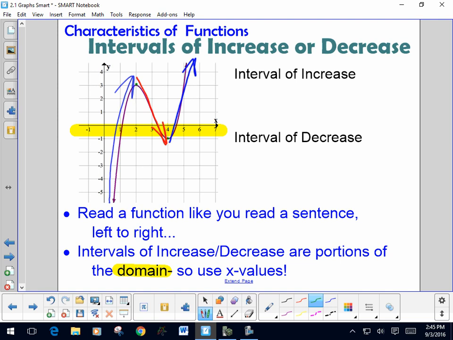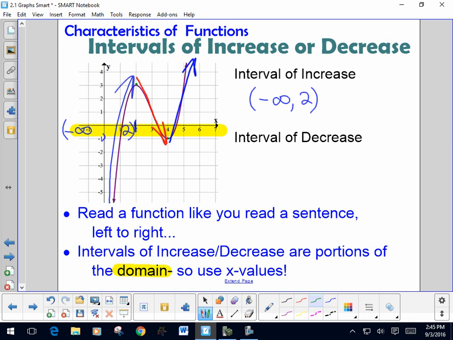So for this function, the intervals of increase and decrease are always just portions of the domain. So we use x values to report those. Its interval of increase would be from negative infinity, and it keeps increasing until it hits an x value of 2. So the first interval of increase is from negative infinity to 2.